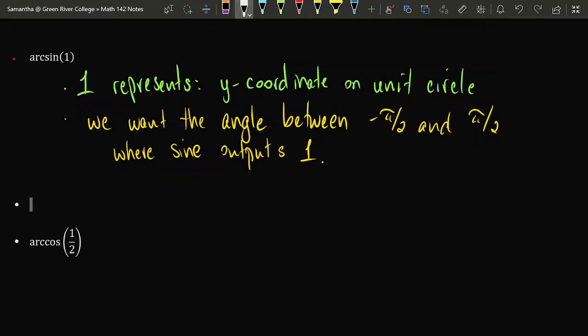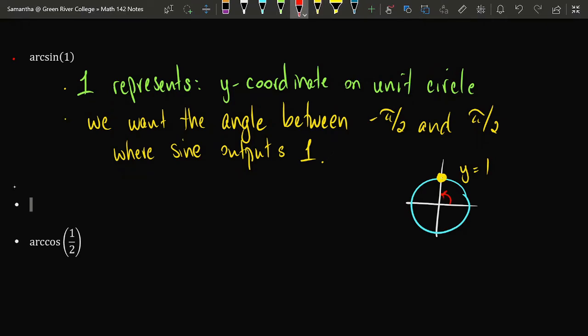Now, let's have a quick look at the unit circle. The location where the y-coordinate on the unit circle equals 1 is located right up here, at the very top of the unit circle. So which angle is going to position us there?